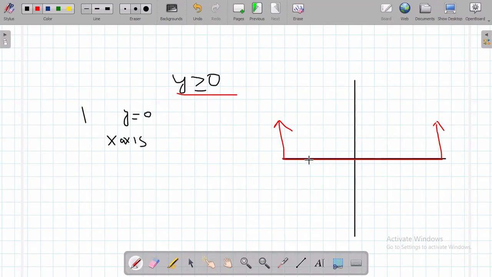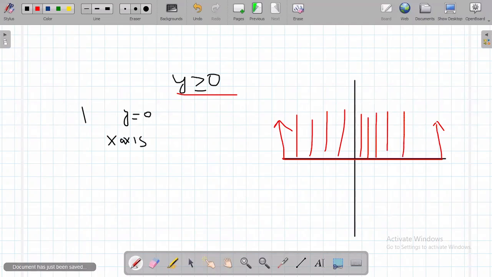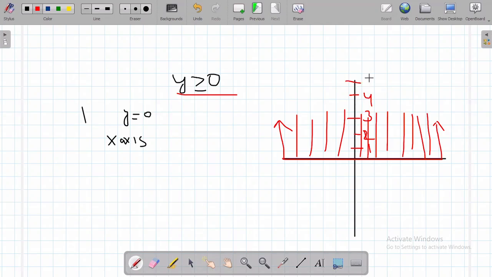Because we know that this is 1, 2, 3, 4, 5, but the down part is -1. So greater than 0 means the boundary region will be above the x-axis.